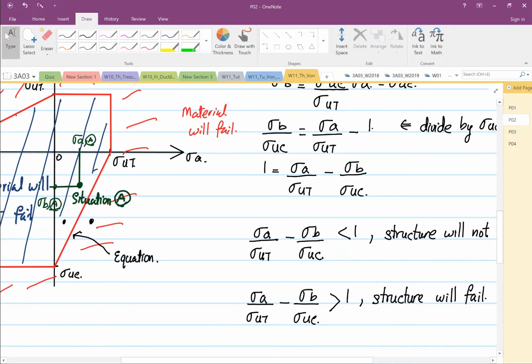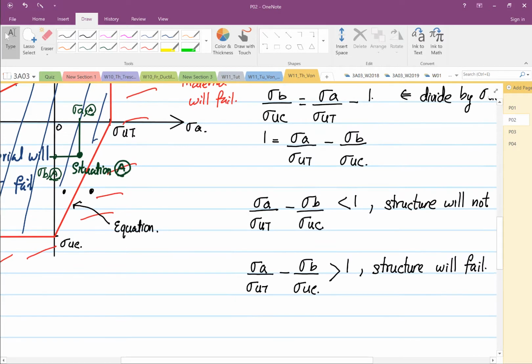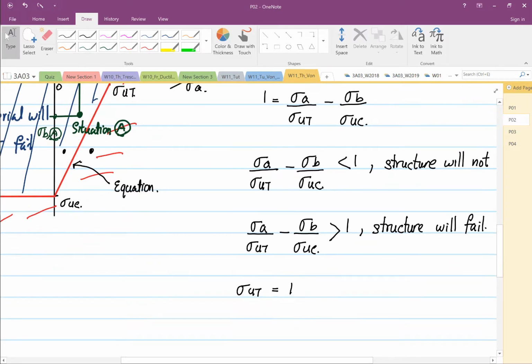Okay, I'm not done with this yet. I'm not prepared for this, but I'm going to do this live. So we're just going to put in some simple numbers. Stress UT is equal to 1, stress UC is equal to 5, for example.